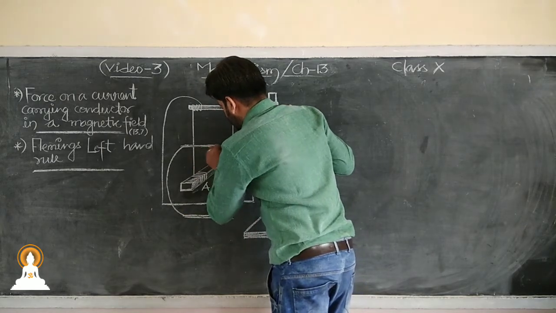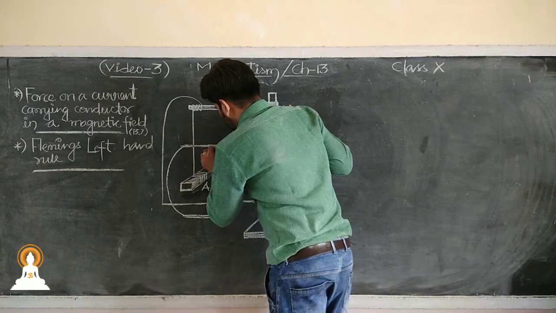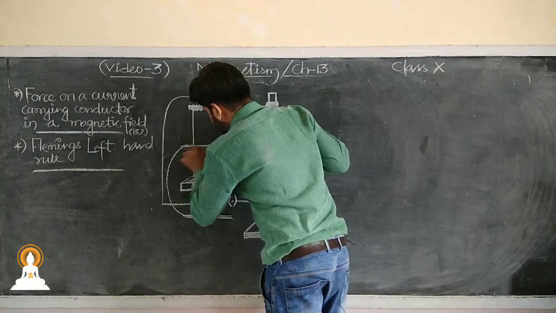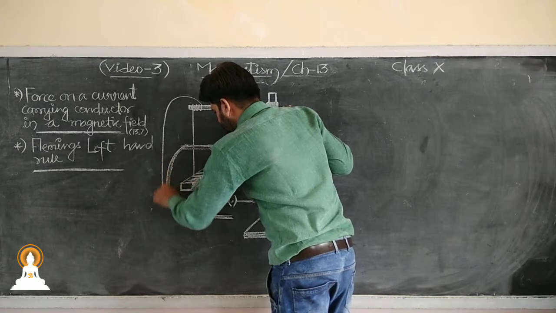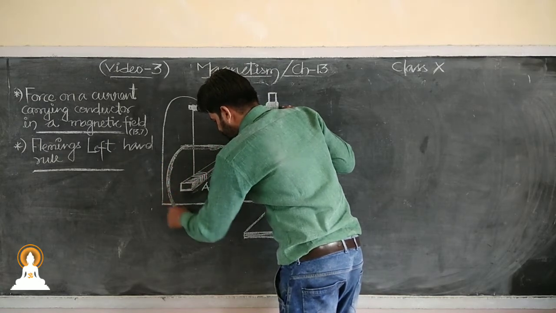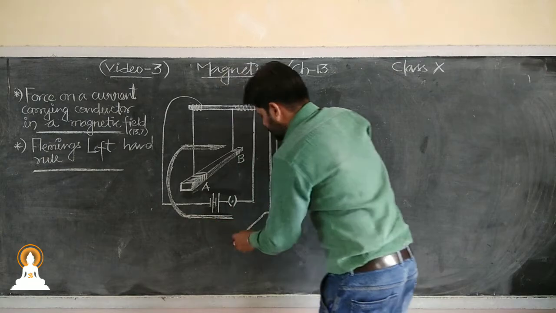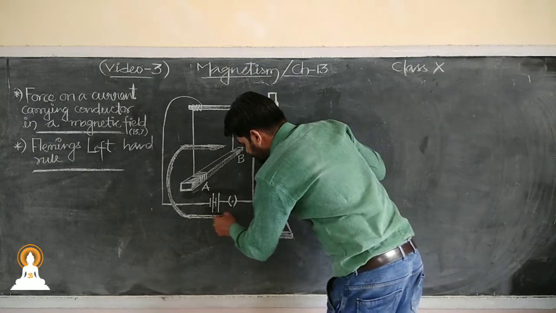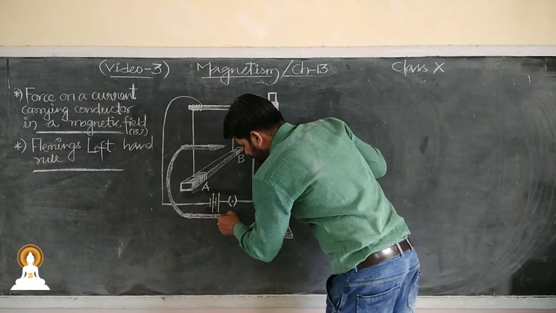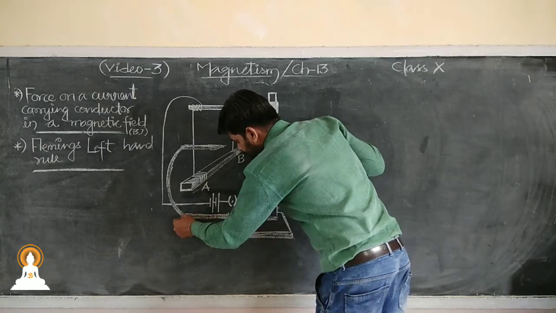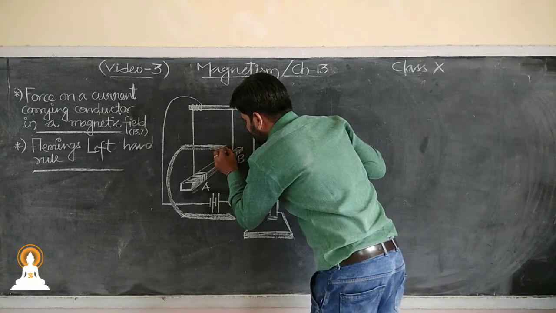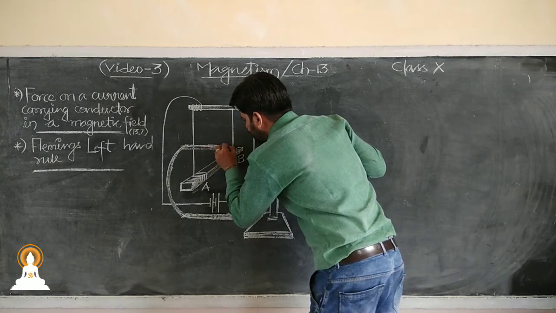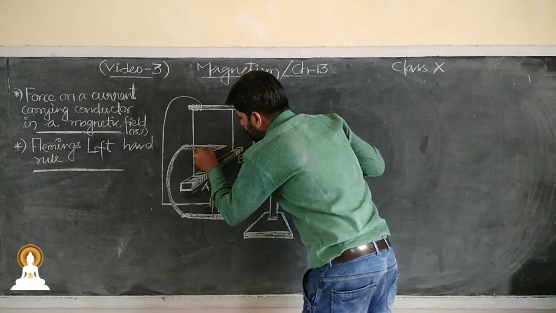This rod AB is kept between the horseshoe magnet. The direction of the magnetic field will be decided when we decide the poles.